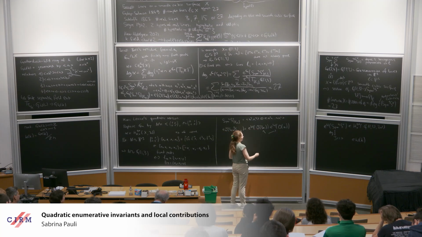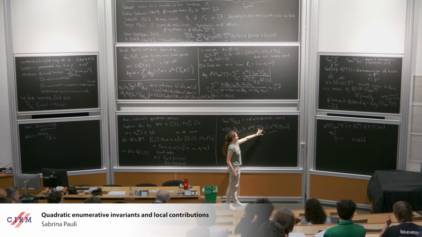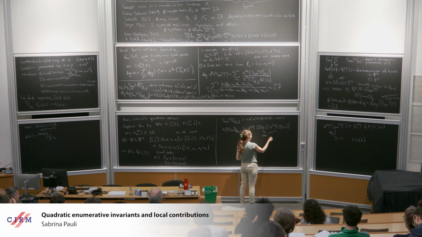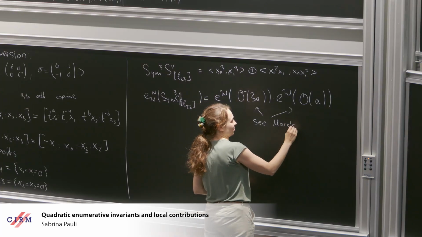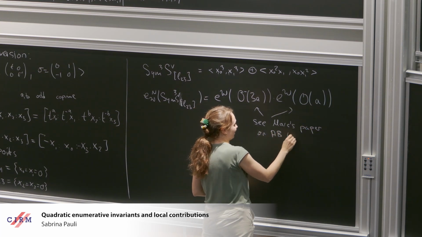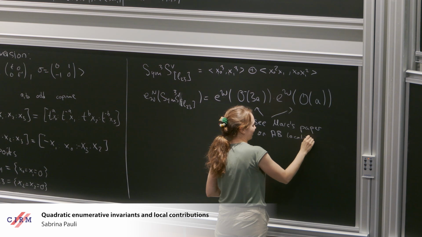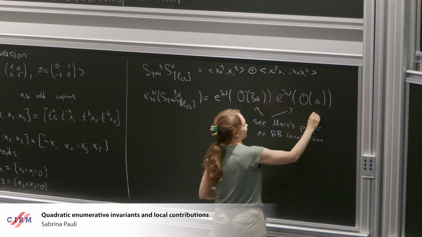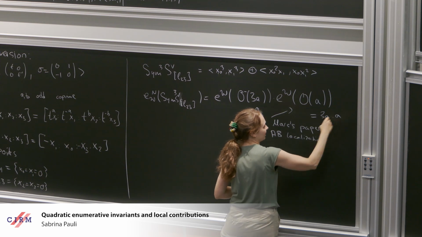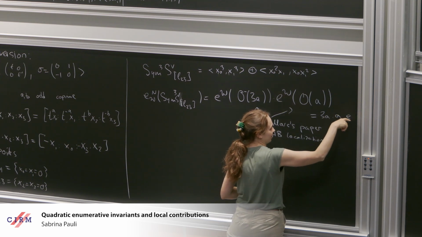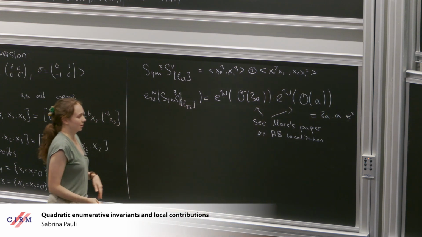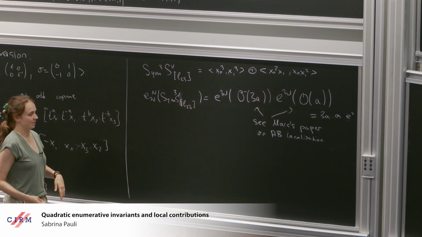For the definition of these, so these are the vector bundles coming from this irreducible representation, but for this, I just see Marc's paper on localization for the definition. I don't know. And I also can just tell you what this is. This will be 3a times a times the Euler class, each of them e squared, so this is this thing which will cancel in a second.